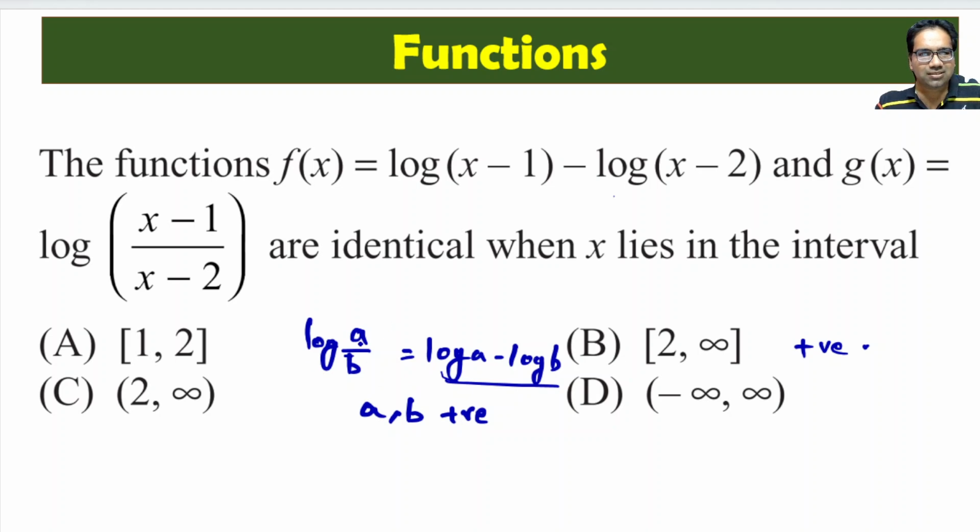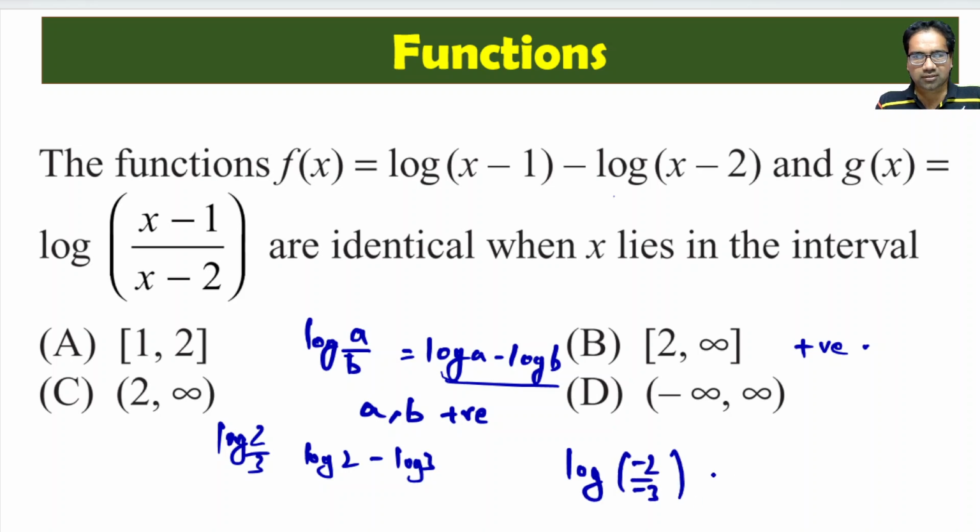So when a and b are positive, this is defined. For example, log 2 by 3, we can write as log 2 minus log 3. At the same time, log of minus 2 by minus 3, we can cancel the minus and still call it log of 2 by 3, which is again equal to log 2 minus log 3.